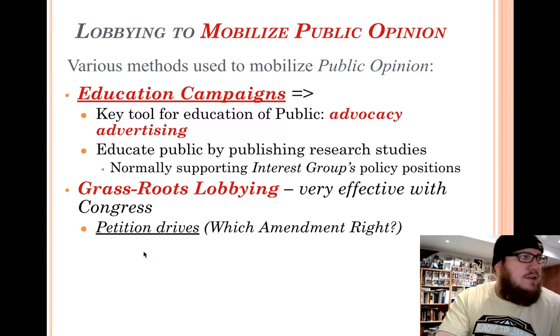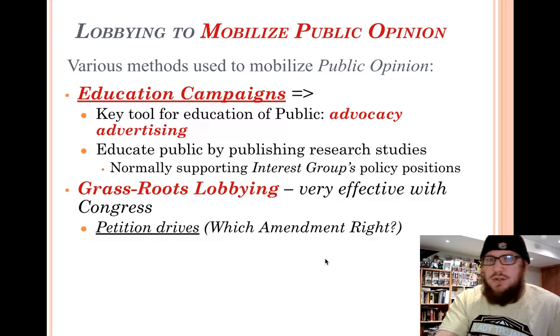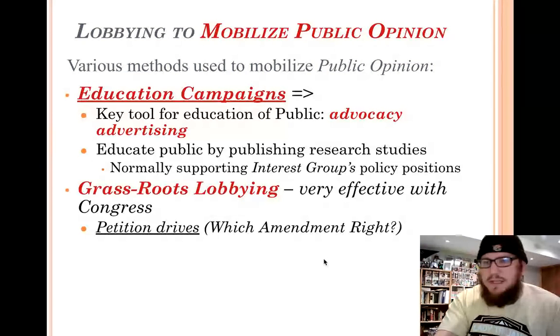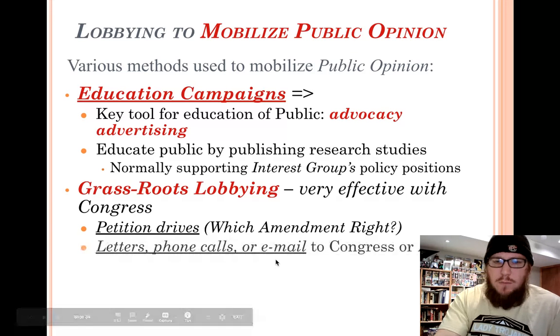So they could do things like petition drives, like physically signing petitions in places, or virtually, right? We've talked about places like change.org, different government websites that may have petition drives on them, right? So that becomes very effective with Congress.